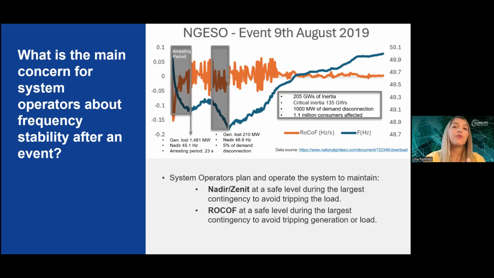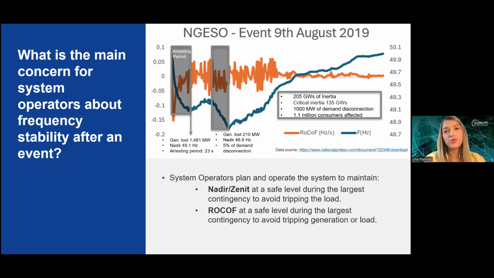And after that, they will have other resources that can provide that response and continue helping to maintain the frequency in the stable number. Could be 50 or 60 hertz. But later, for example, in this example that we have here, they had another event near to the first one.